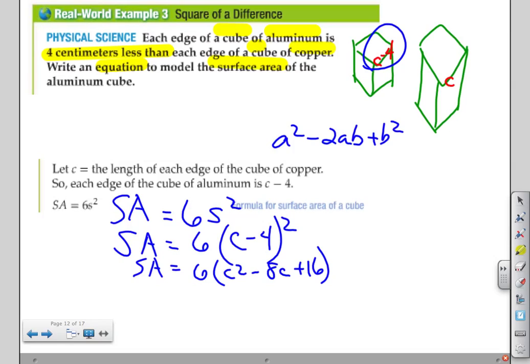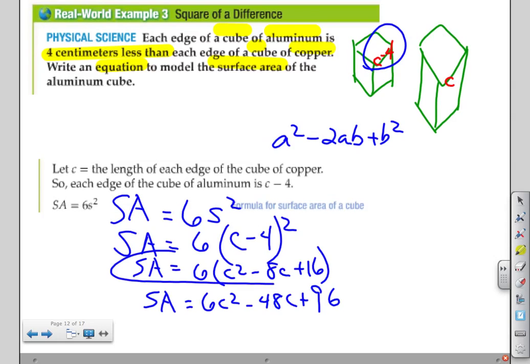All right? So then we multiply that out and we get 6c squared minus 48c plus 6 times 16, which is 96. Or we just needed the expression, I think, so the book was really just looking for that. Okay, so that wasn't bad.